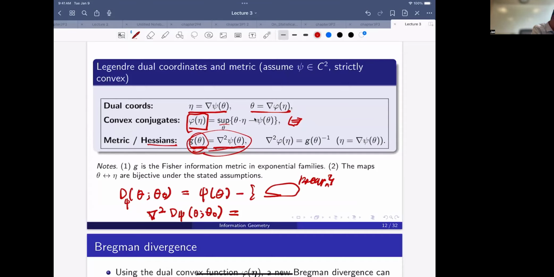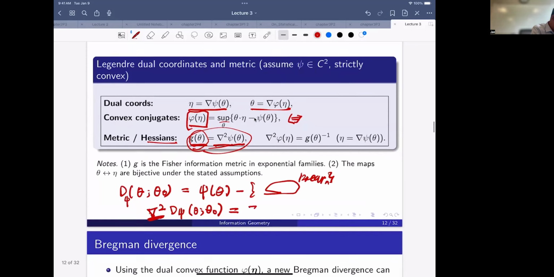So if you take the second order differentiation, you have just this one.